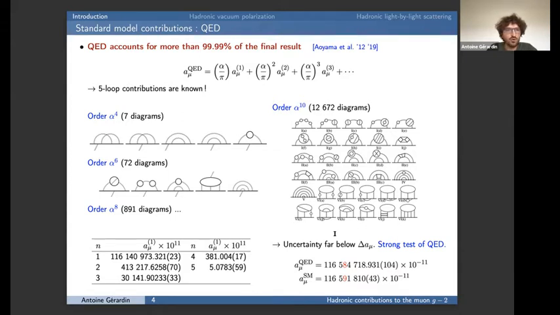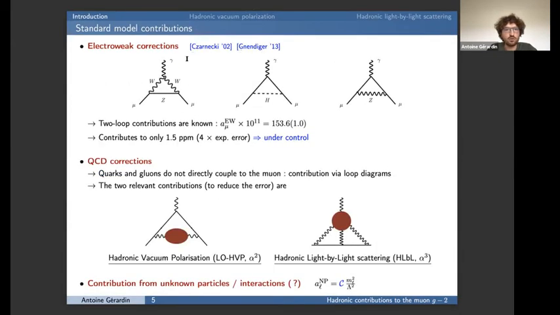Then beyond QED, we also have electroweak corrections. In this case, they are expected to be a bit smaller because of the relatively heavy mass of the gauge and Higgs bosons. And they are known up to 2-loop contributions. Here I show some examples for the 1-loop contributions.